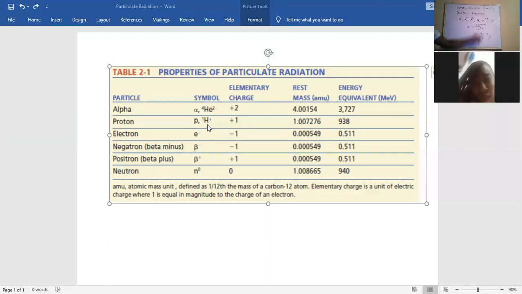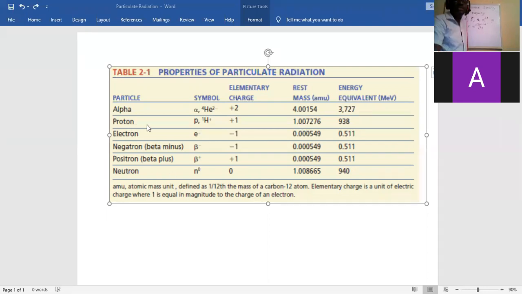This one has one proton. This one, sorry, is radioactive. So this is actually the proton we are looking at. If you remove the electron in the normal hydrogen atom, we have a proton, which has an elementary charge of +1. The rest mass is about 1 AMU, atomic mass unit, and the energy equivalent is 938 MeV.